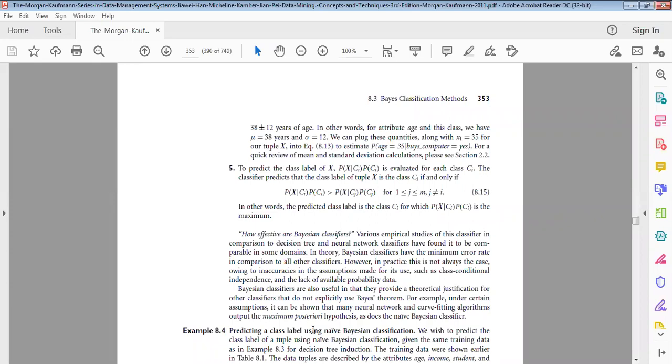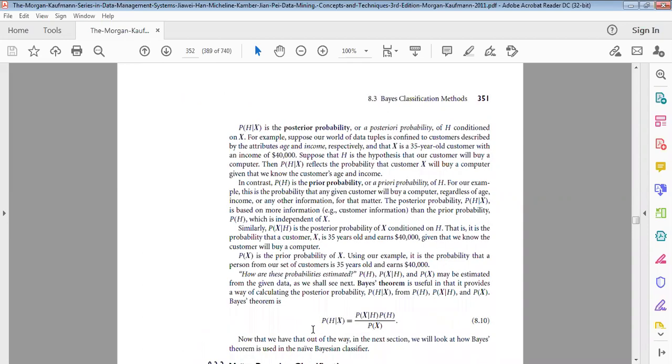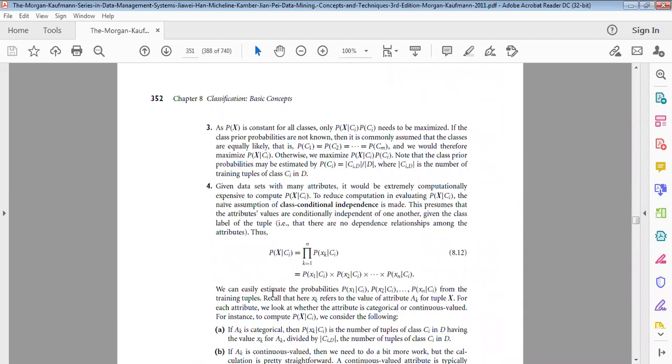The classifier predicts that the class label of tuple X is the class C_i if and only if P(X | C_i) P(C_i) is greater than P(X | C_j) P(C_j), where j is between 1 and m and j is not equal to i. That is simply Bayesian classification.